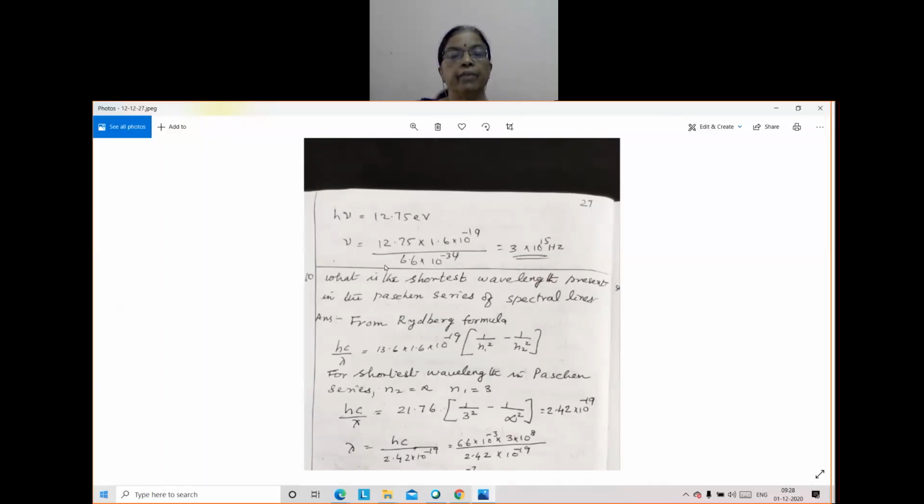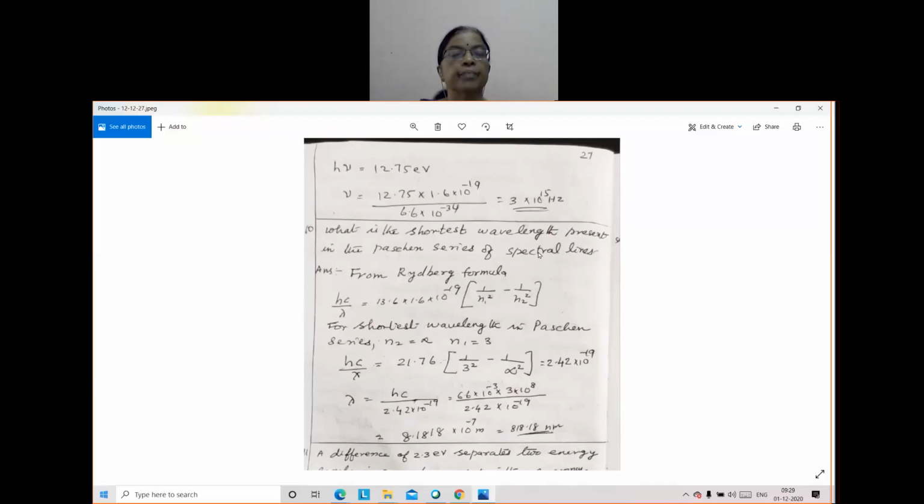Therefore, nu equals this divided by h. Here, if you want the answer in the SI system, you have to convert electron volt into joules. Then you will get the answer as frequency in hertz.